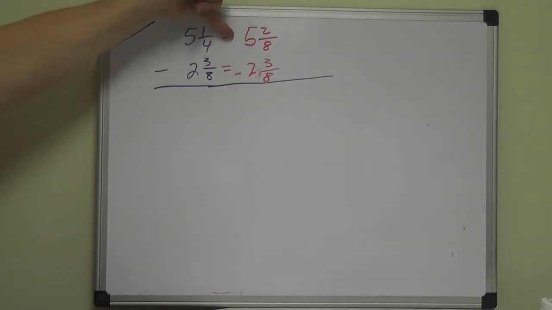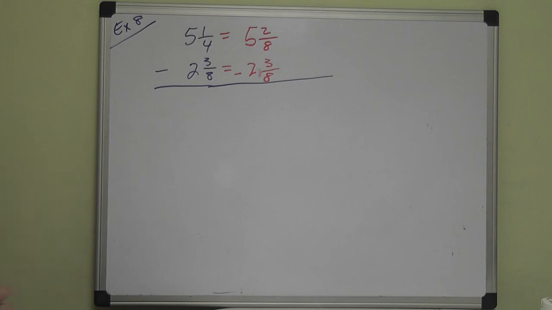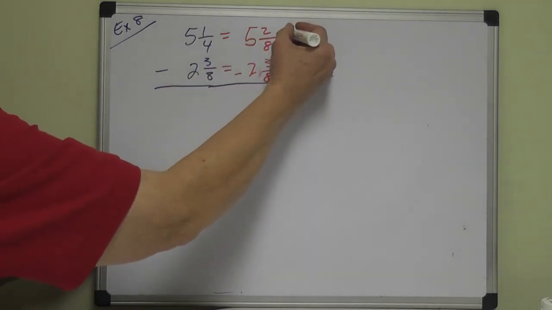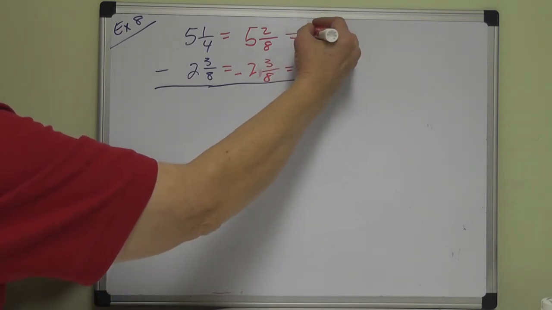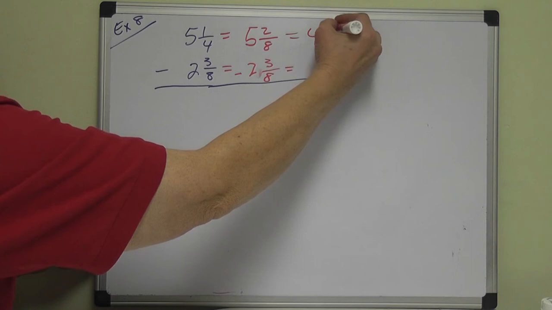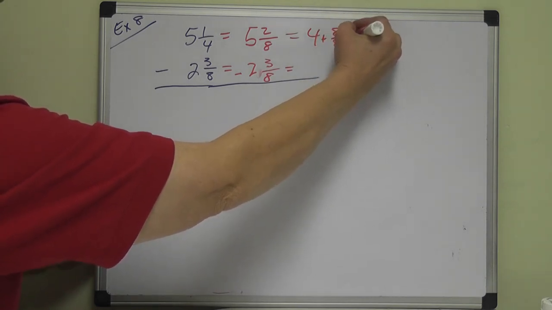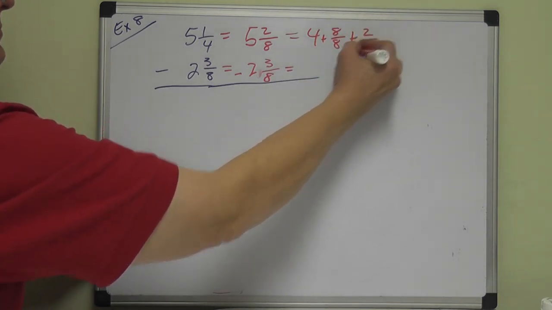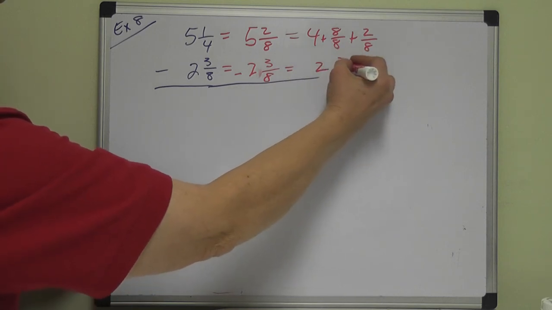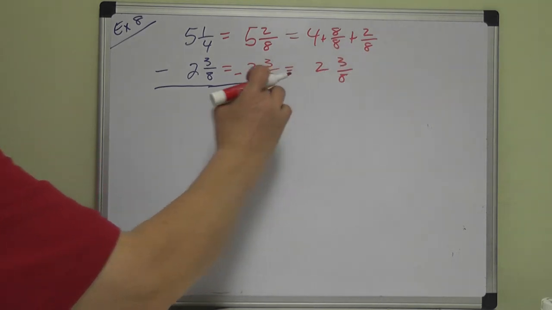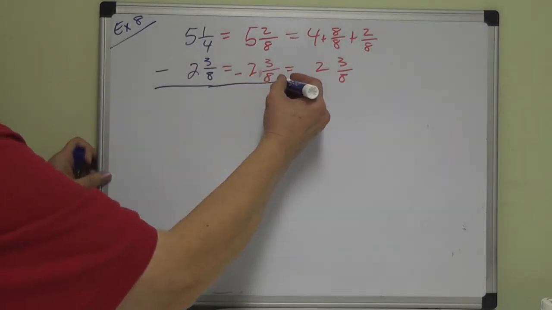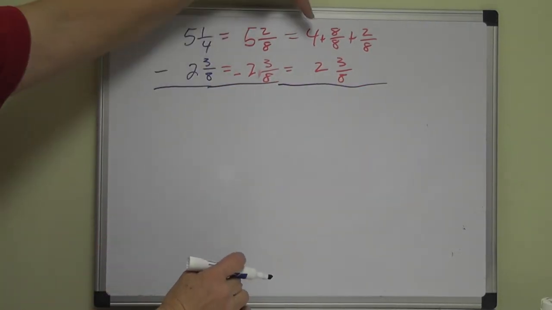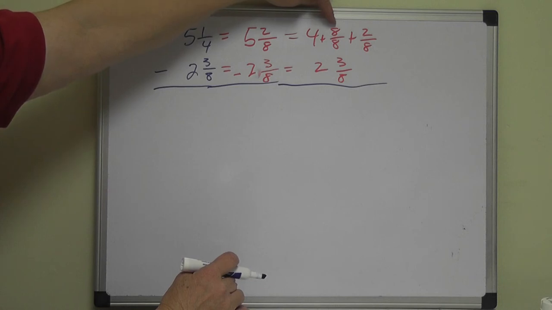So this is going to become, let me actually go ahead and write this in here for you, just in case it's a helpful reminder, that is going to be 4 plus 8 over 8 plus 2 over 8. And we still have 2 3/8 here. Let's look at this real briefly and make sure that you've got it down. Five is the same as 4 plus 1.